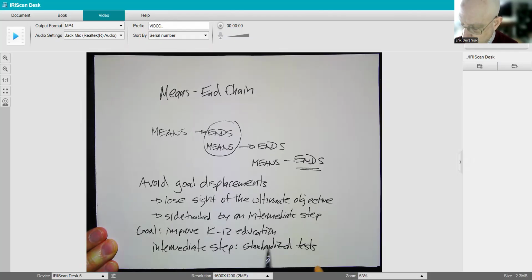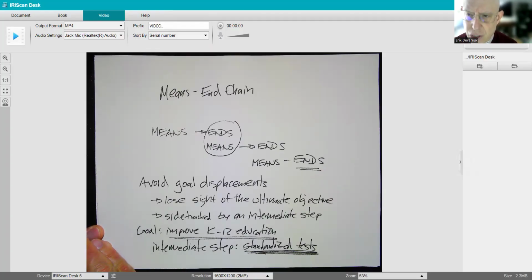And what happens, we often see, is that we become so obsessed with these tests and everything about these tests and the results of the tests. Are the tests biased? Are the tests appropriate? What about high stakes testing, where we might punish schools if they don't have good test results, punish them by not giving them the budgets that they want or not giving their teachers bonuses? And the standardized tests become the entire focus of the effort. And we forget that our ultimate goal was to improve K to 12 education.